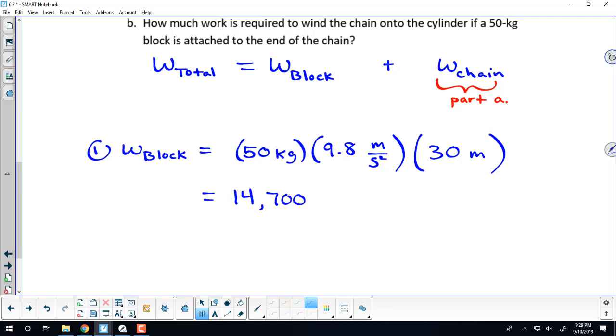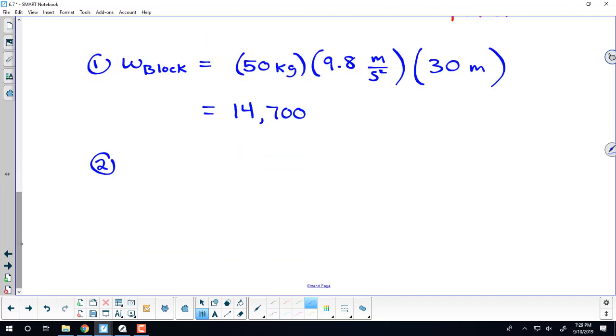So that's the work of the block. Putting it all together, we have the integral from 0 to 30. Now, the 5 was constant in part A because that was the density of the chain, so that's unique to the chain.